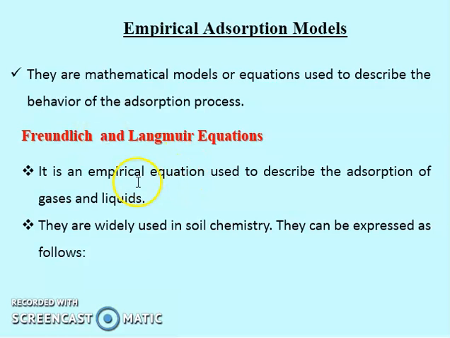So to interpret the adsorption isotherm and the ability of the adsorbent to adsorb more contaminant, you can use this equation. Okay.